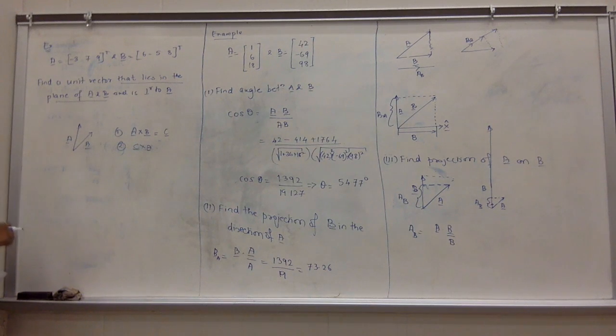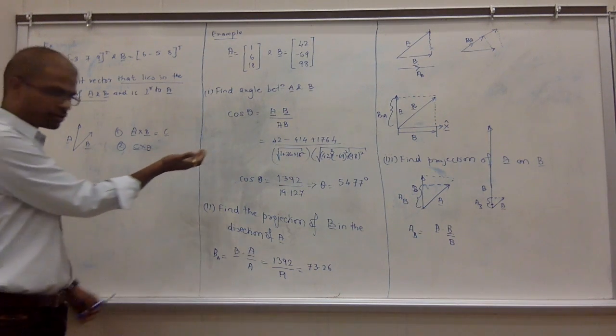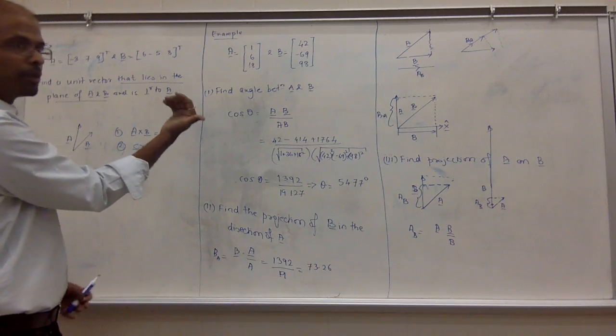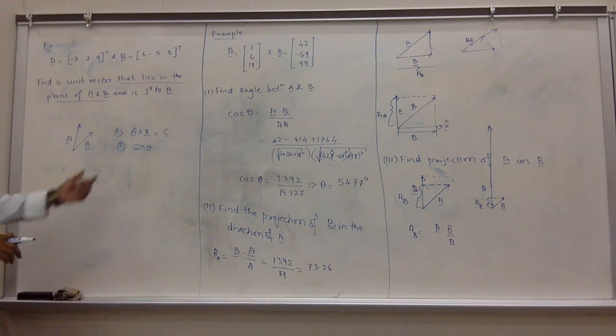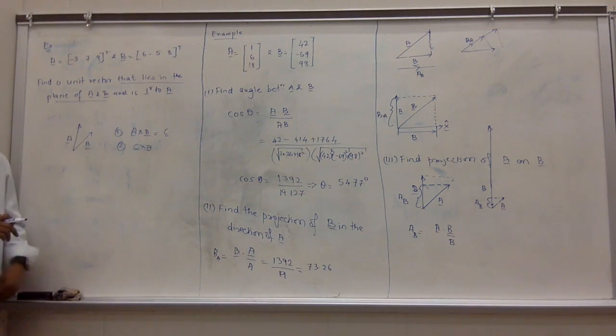Will it be in the plane of AB? C cross A, the C is the one on the board. Right. So C cross A will actually be perpendicular to A and in the plane of AB.